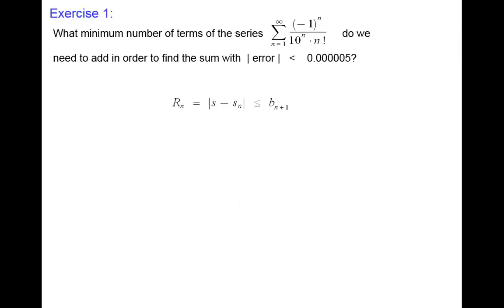Okay, that means what we know. We know that the error, the remainder, is less than the next term. We still don't know the minimum number of terms.